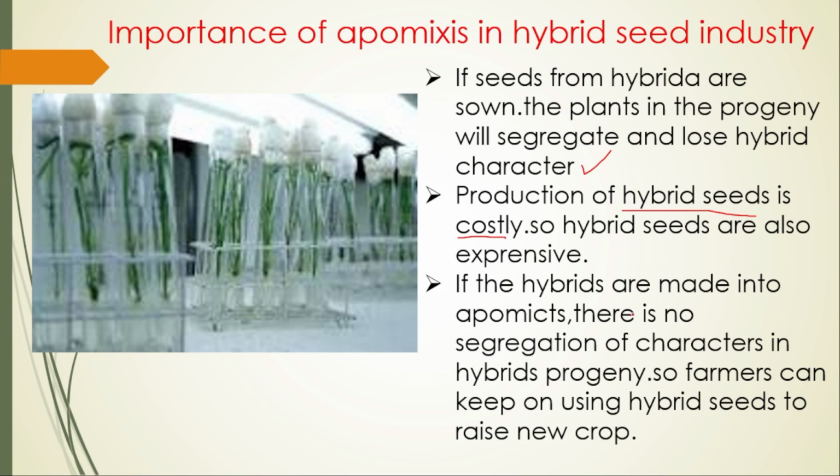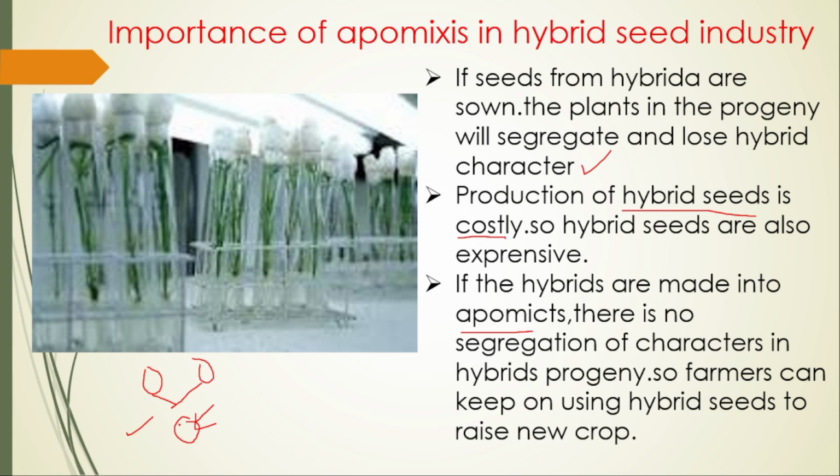What does hybrid seed actually mean? If two characteristics are hybridized in one, then it is called a hybrid seed. But forming this is very costly. Because of that, we can go with the process of apomixis, so that there will be no fertilization, but there will be formation of the seed.